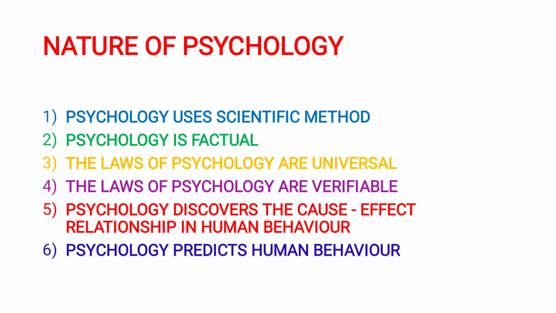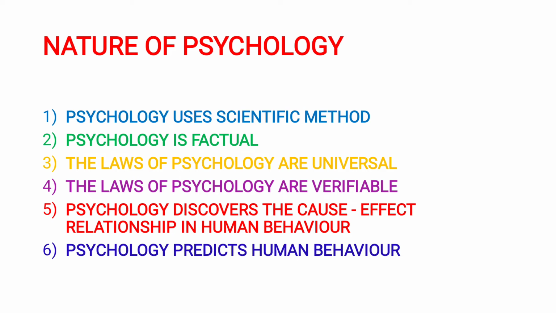First point, as I told, psychology uses the scientific method. Almost all the methods of psychology are more or less scientific in nature. Out of these, the experimental method is the most exact. Many experiments have been conducted in the field of psychology to know how the dependent variable is influenced by the independent variable.